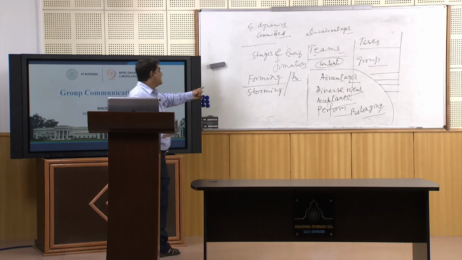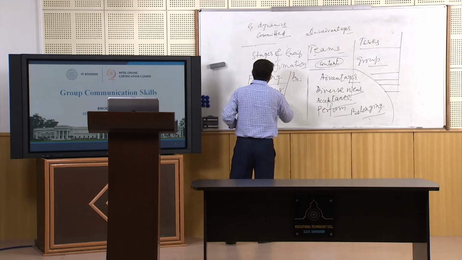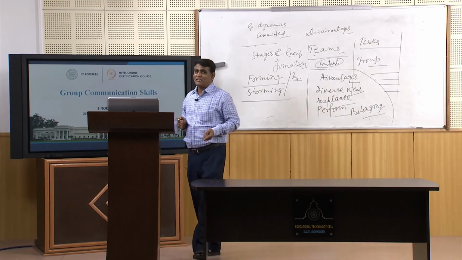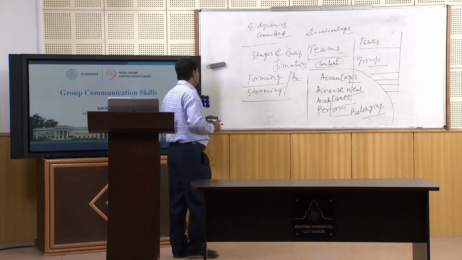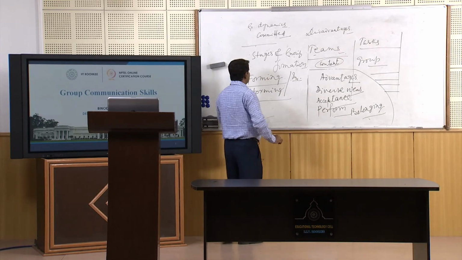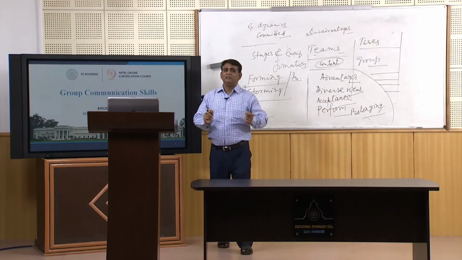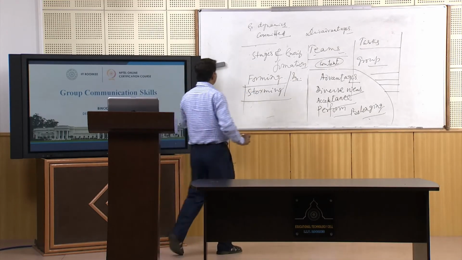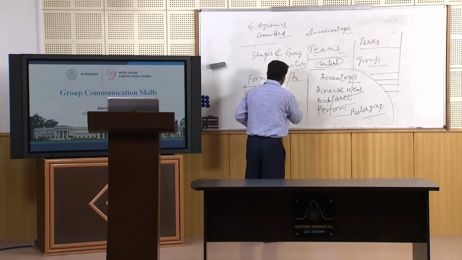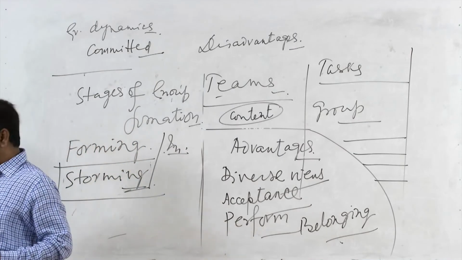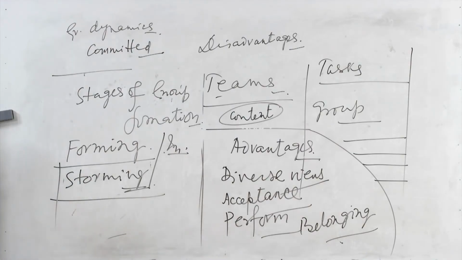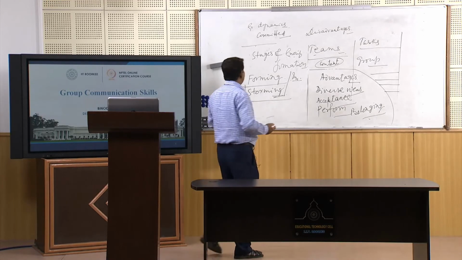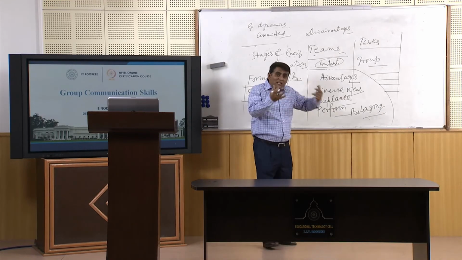But in the second stage, group members start interacting, and when you interact, there is a storm-like situation, because all these people have their own ideas, and all of them think that their ideas are great. Naturally, there is some amount of tussle, and this storming period is very beneficial, because so many new things may come out. People may disagree with each other. There may be at times chances of clashes with each other, but so many ideas will come out.